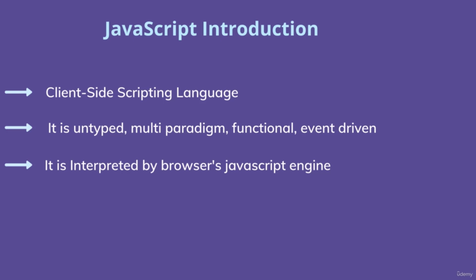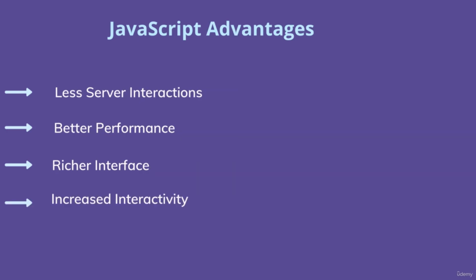So that JavaScript engine is actually able to execute the code which is written in JavaScript. And make sure while doing this, JavaScript must be enabled for that particular browser. Only then will you be able to see the execution of your JavaScript code.